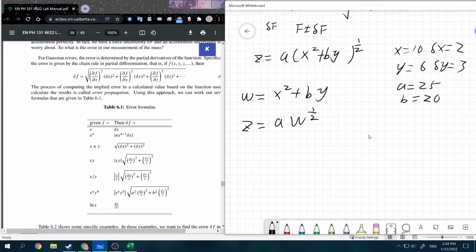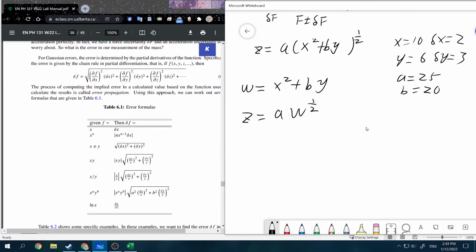So w is just that. Now the area of w equals the area of this one plus the area of that one.